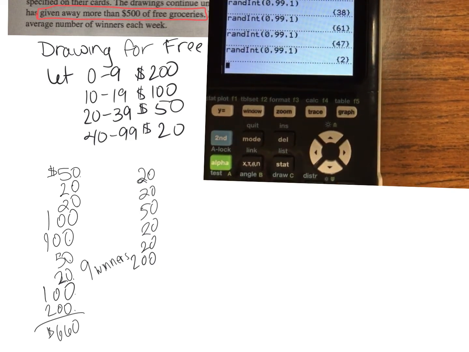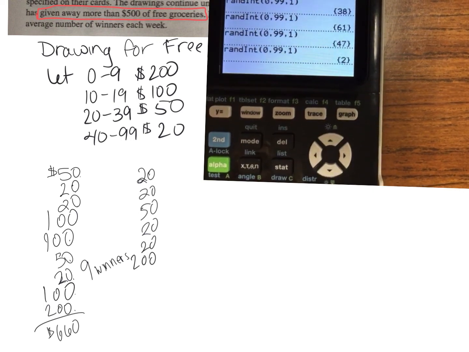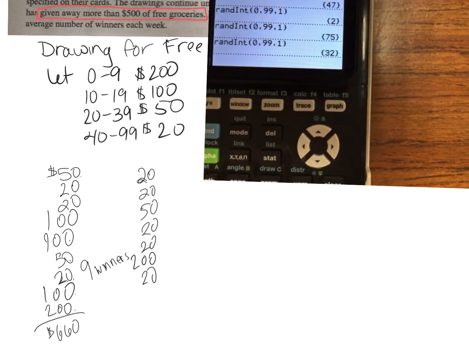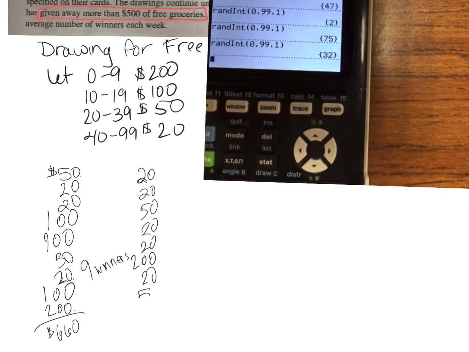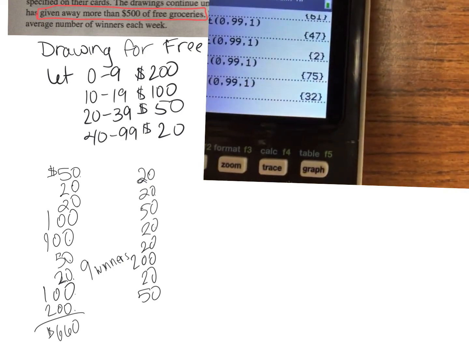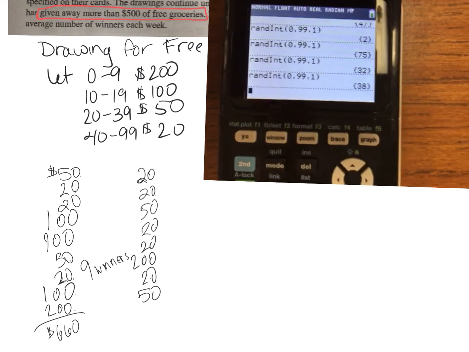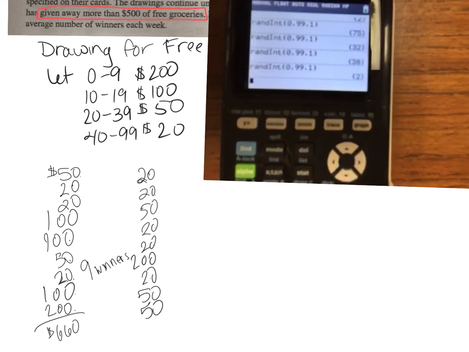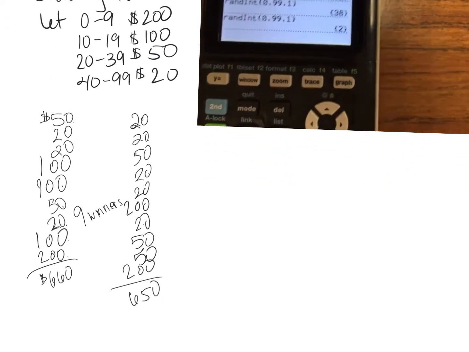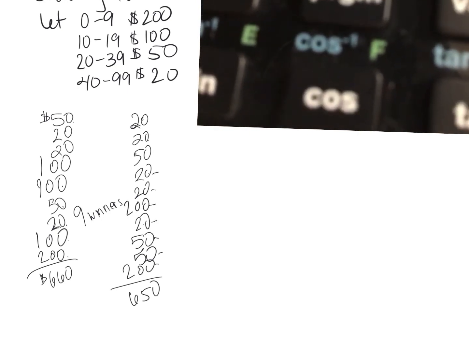So now we're at, I forget where we were at. 80, 330. 75 is 20, 350. 32 is 50. I lost track again. 1, 2, 3, 4, 5. So 300, 400. So we're at 400. 38 is another 50, 450. 2 is 200. So we said 450, that's 650. So how many total winners are there? 1, 2, 3, 4, 5, 6, 7, 8, 9, and 10.